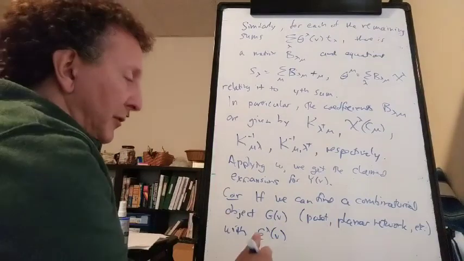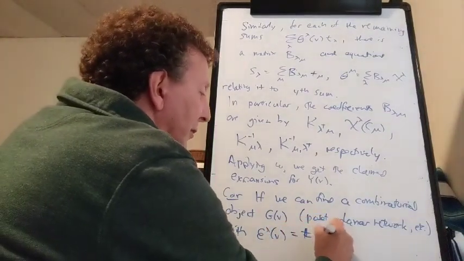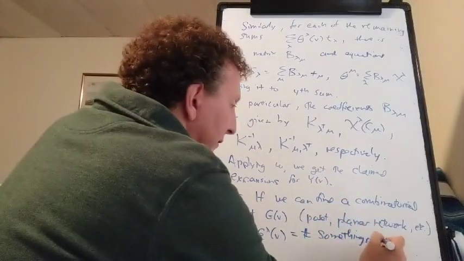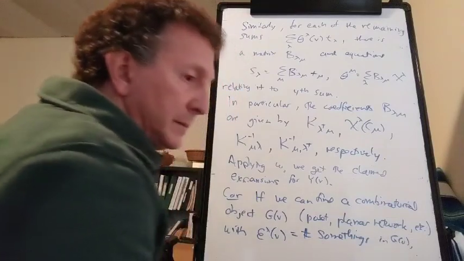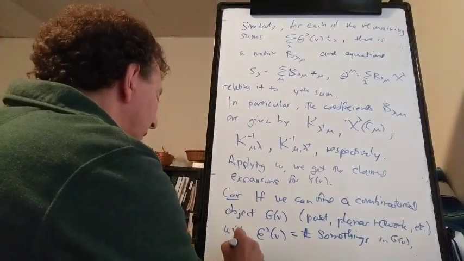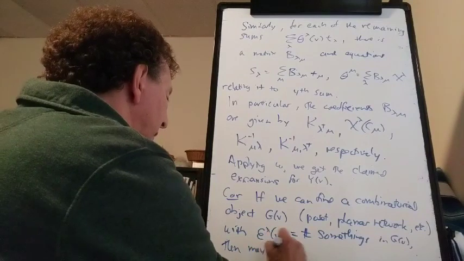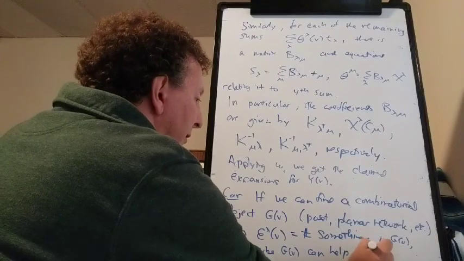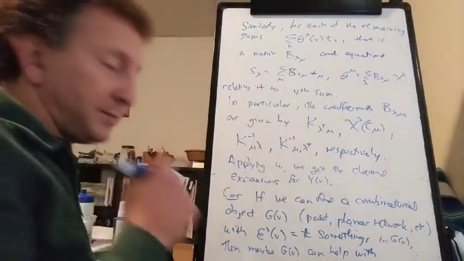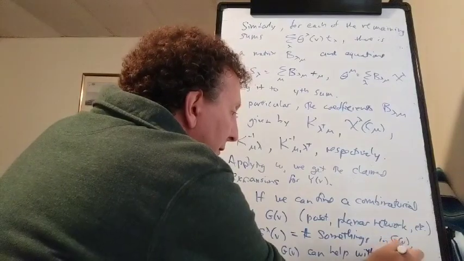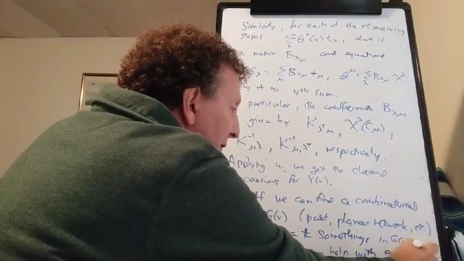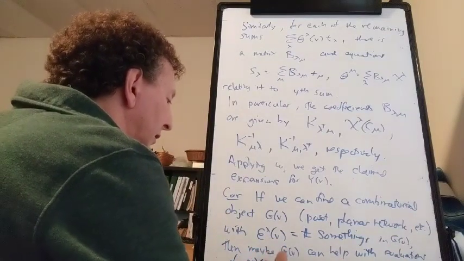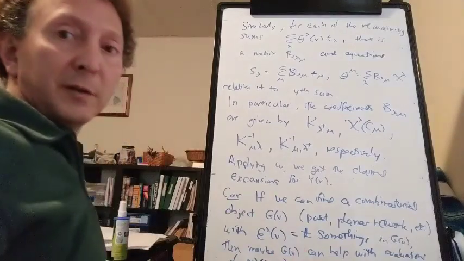And if epsilon lambda of v equals the number of something that we can count in g of v, then maybe we can count something else in g of v to perform the evaluations of irreducible characters, induced trivial characters.